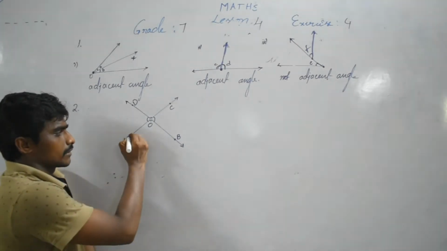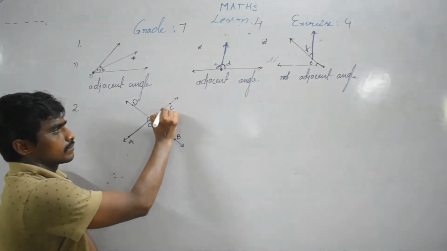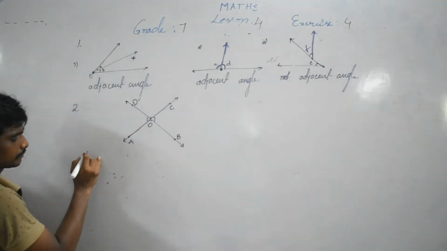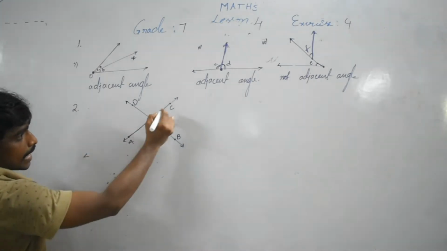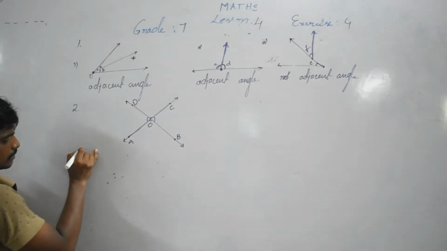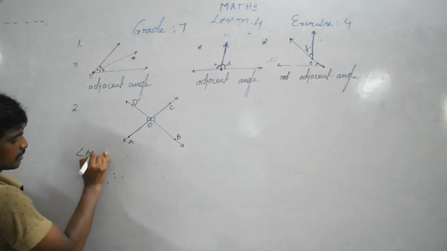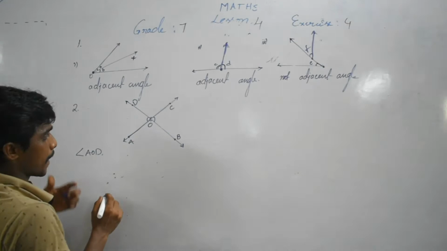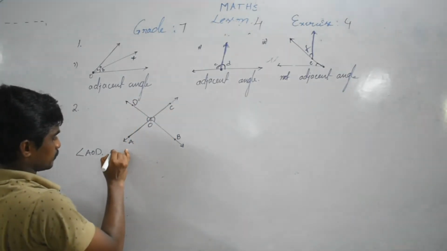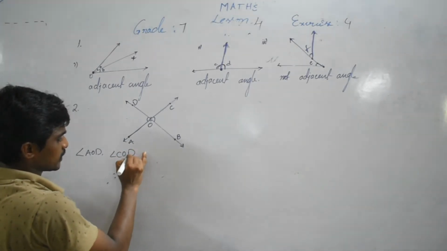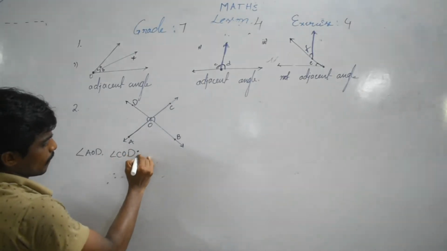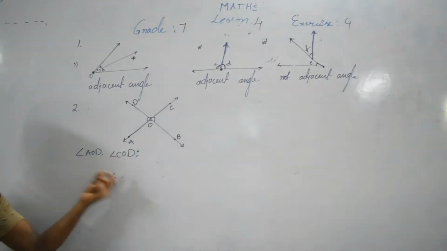Here see, angle AOD and angle COD. This is one pair, one adjacent angle.